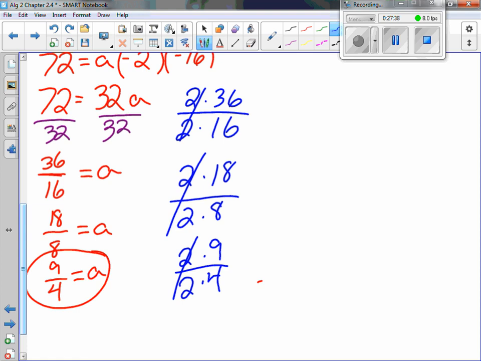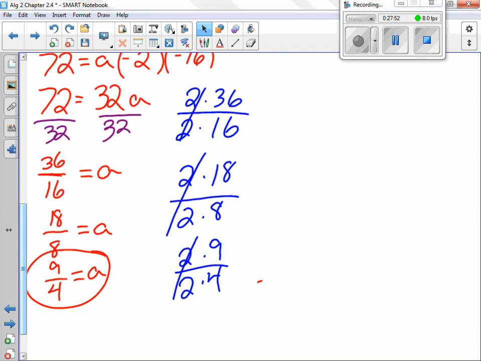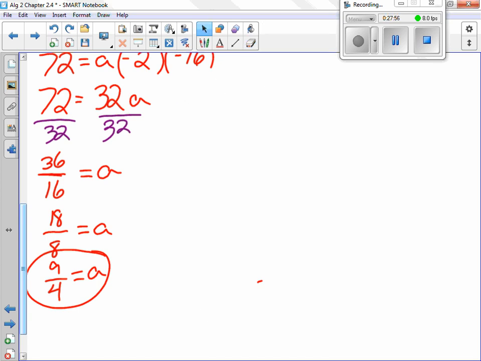But 9 and 4 don't have any more factors. They're not even, so they don't have a factor of 2. So I'm done. But that's it. The calculator will do that just as easily. And that's why I say plug it in there, because at this point, knowing that is helpful. It helps you simplify fractions faster, but the calculator will do it faster than you can by hand. So why not utilize it?